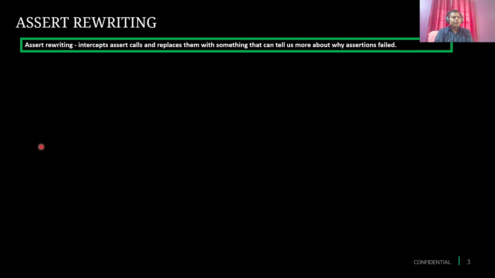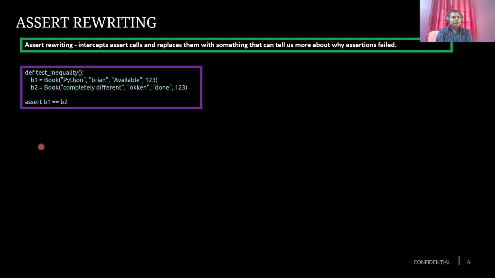Let's talk about assert rewriting, which is happening behind the scenes. Pytest intercepts assert calls and replaces them with something that can tell us more about why the assertion failed. In this particular test case, we have two book objects, B1 and B2, and clearly we can see that these are two different objects with two different data.